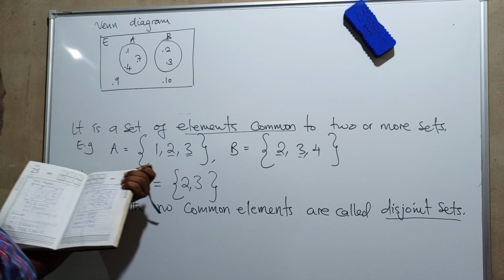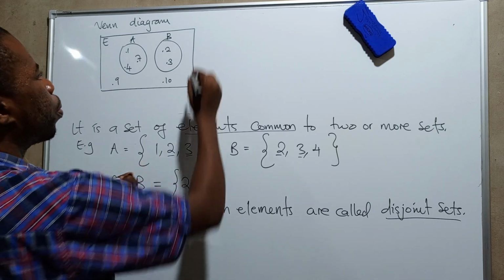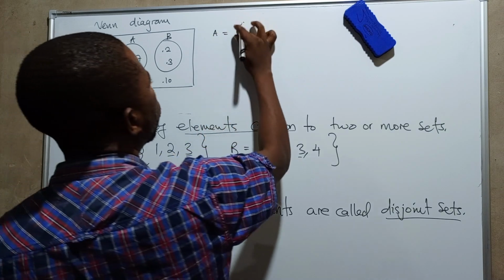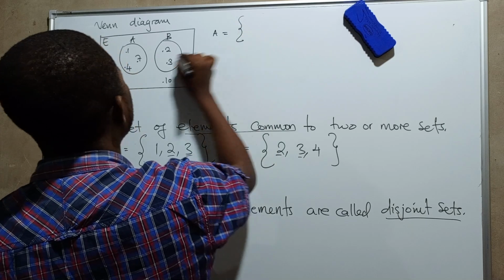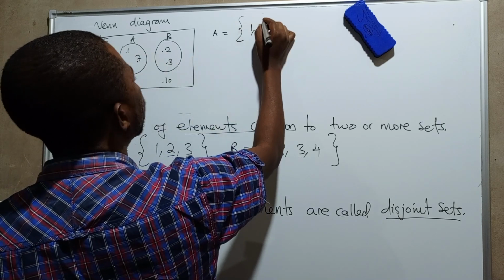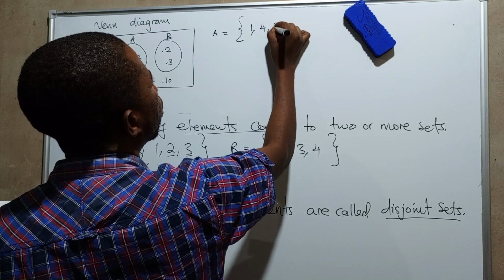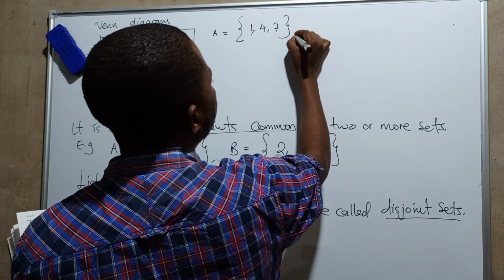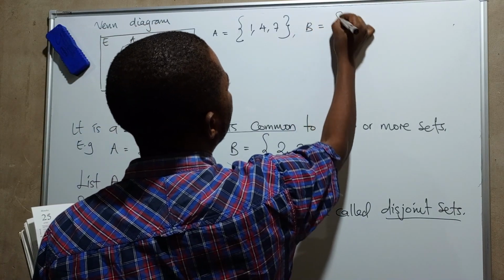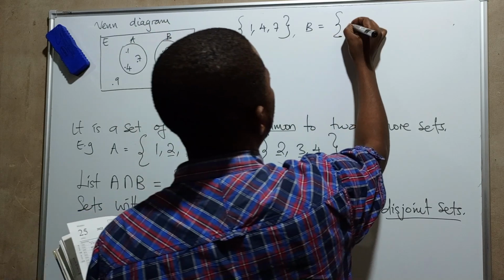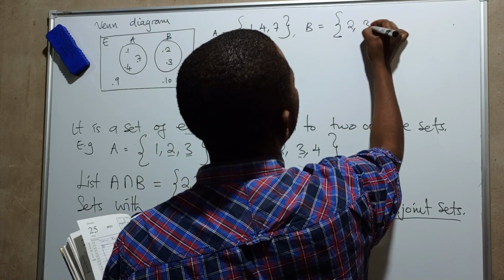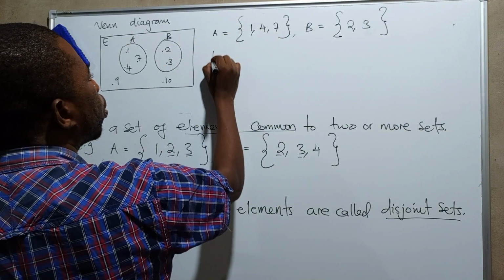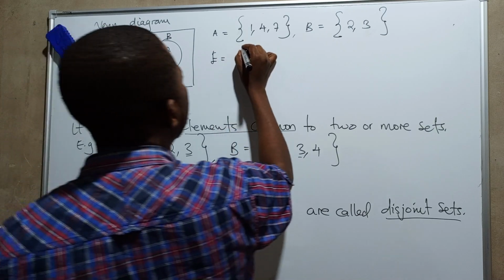If we are to list it, we can notice that set A has elements 1, 4, and 7. Then set B has elements which are 2 and 3. Then the universal set E has everything.